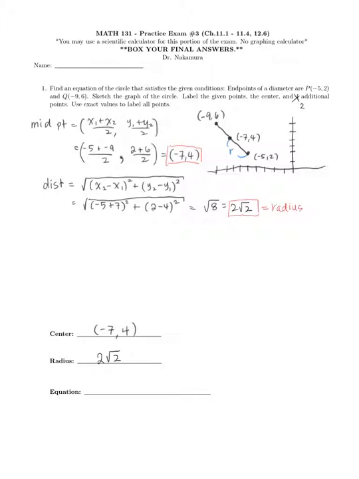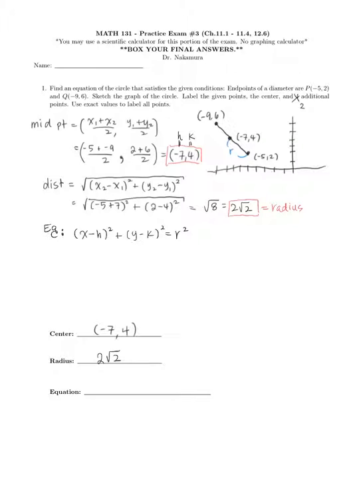Okay, now let's talk about the equation. The equation of the circle in standard form is x minus h squared plus y minus k squared equals r squared. You're going to have to memorize the midpoint, distance, and equation of the circle formulas. Now let's plug it in. Since the midpoint was the center, it's given by h, k, so negative 7 is the h, and k is 4.